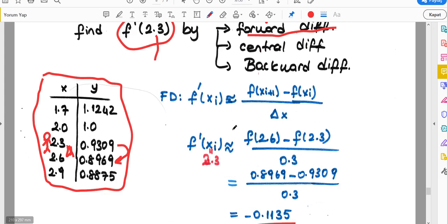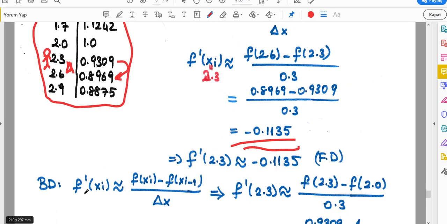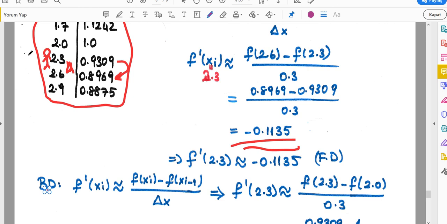In the second process, the backward difference approximation. Oops, I had written backward here. Backward means what? When I get the backward difference approximation, let me choose another color. In the backward difference, again I set myself at the same position, 2.3, because I'm searching for the first derivative at 2.3.